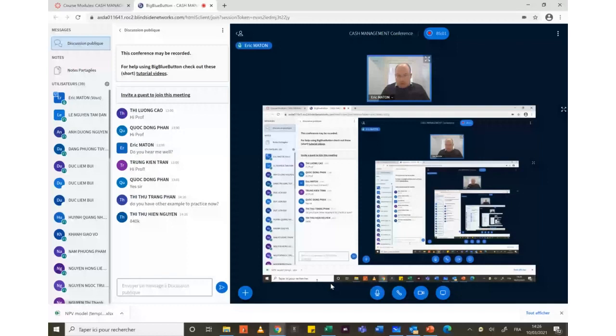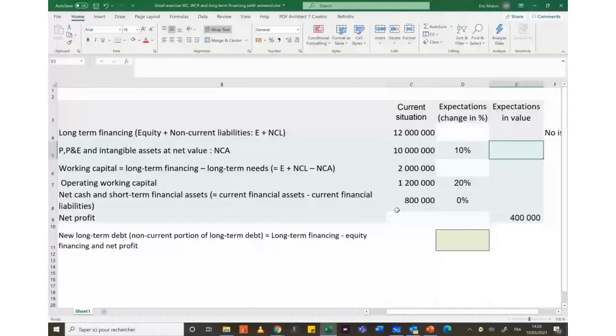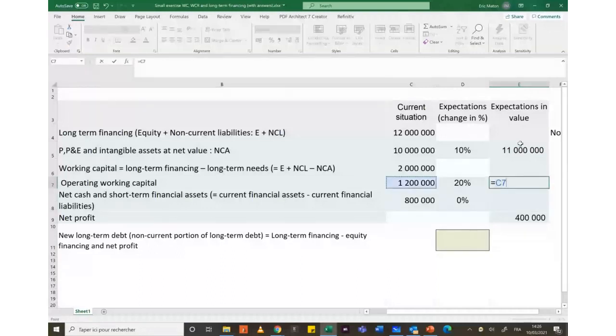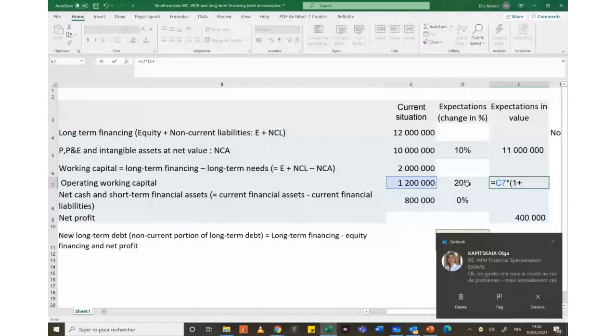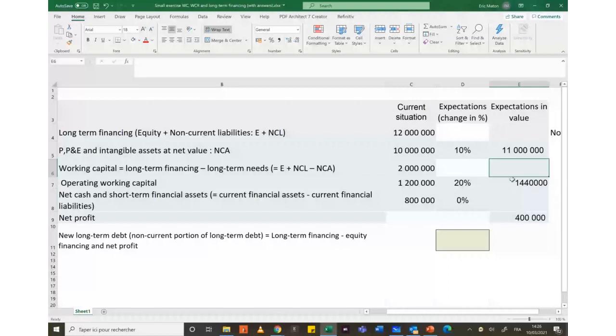So increase the property, plant, equipment, and intangible at net value because of the net capex minus D&A expense. So now it's 10 million multiplied by 1 plus the 10%. We increase the operating working capital because of the increase in the activity; you can suppose the sales revenue increases. So now the operating working capital is 1,440,000.